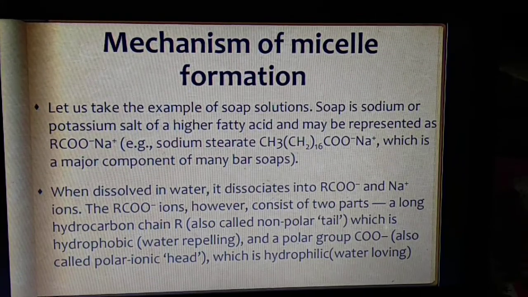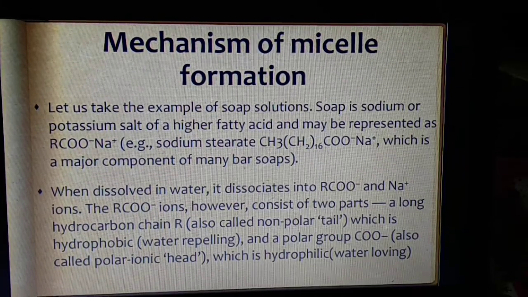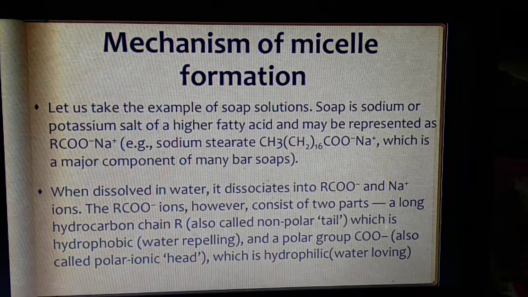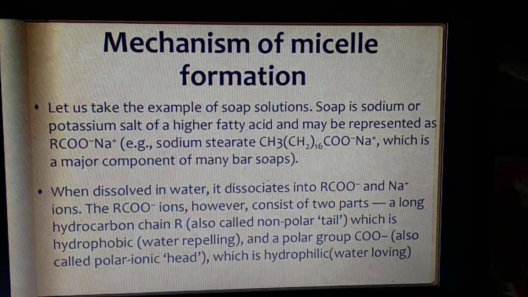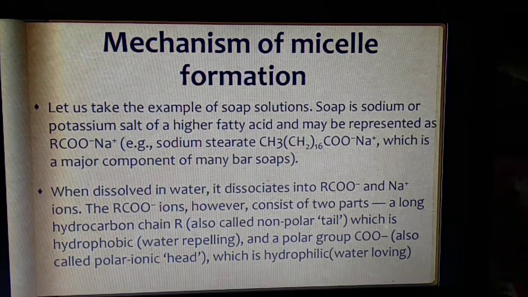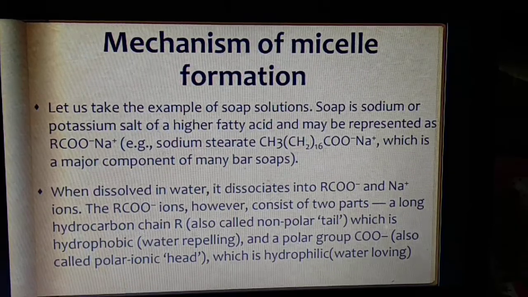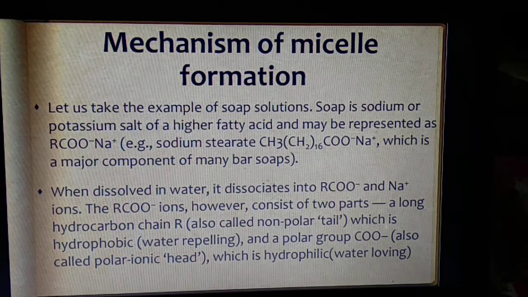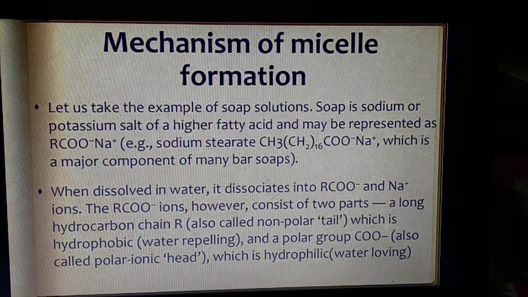When dissolved in water, it dissociates into RCOO⁻ and Na⁺, that is, sodium ion and RCOO⁻. The RCOO⁻ ions, however, consist of two parts: a long hydrocarbon chain R, also called the non-polar tail, which is hydrophobic, water repelling, and the polar group COO⁻, also called the polar ionic head, which is the hydrophilic part.